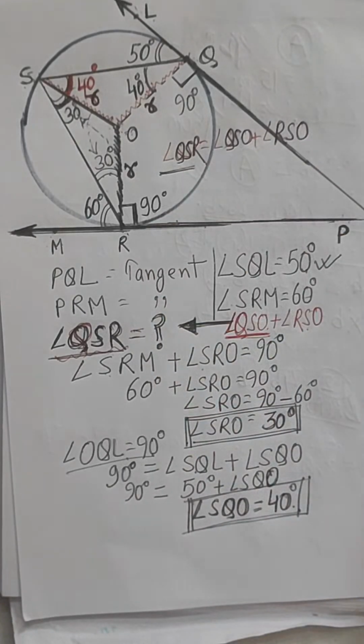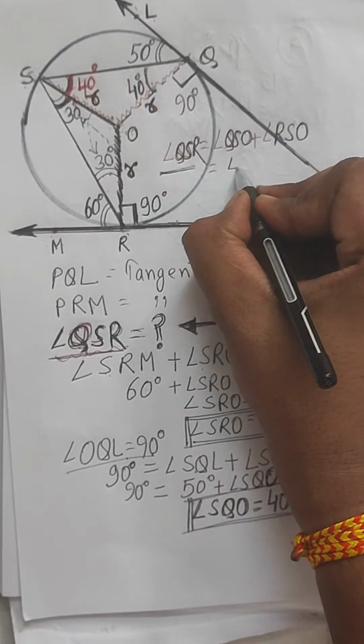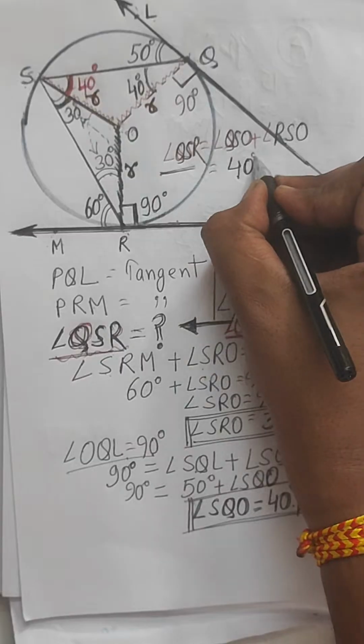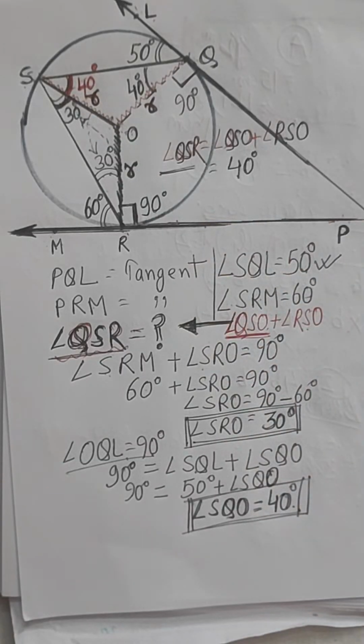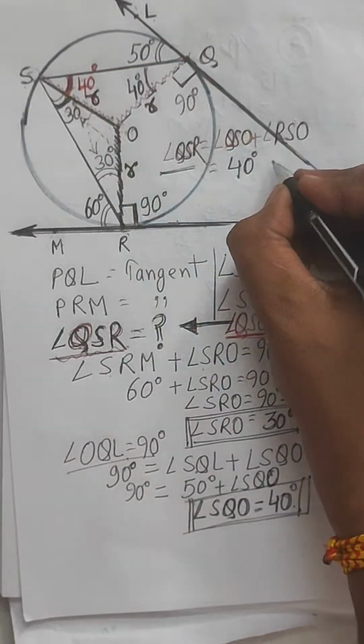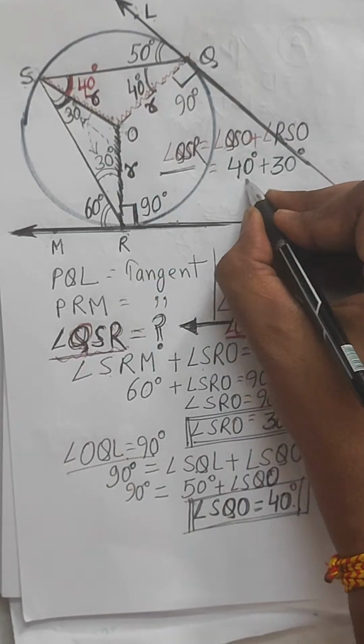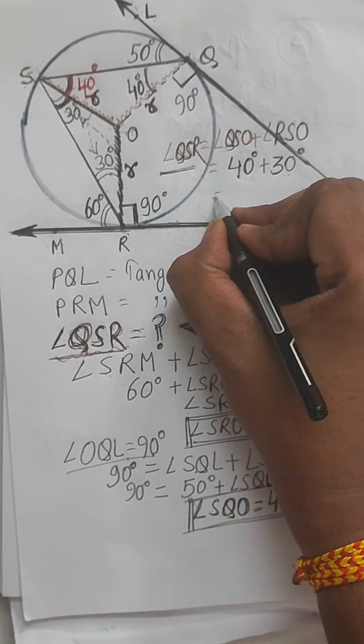QSO is 40 degrees, which we have calculated, and RSO is 30 degrees, right? When you add 40 and 30, you will get 70 degrees.